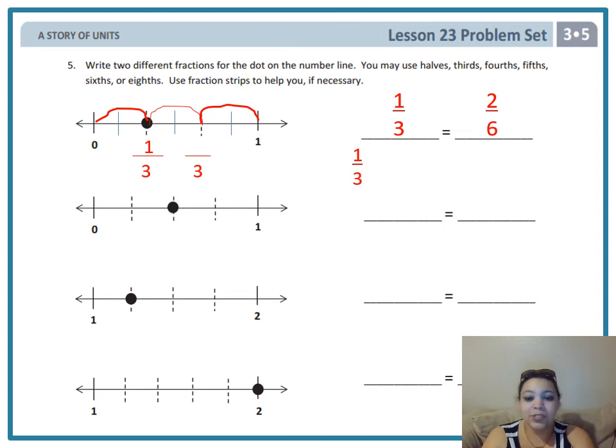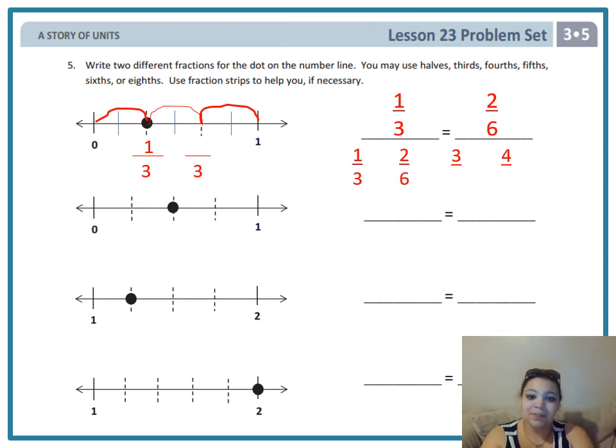Right? And now if we were to do it as a quick equivalent, we could also figure out a way to make an equivalent fraction. So remember, to make a quick equivalent, you take your fraction and first you count by the numerator, which in this case is 1. So let's do it. 1, 2, 3, 4. And then after we count by our numerator a few times, we go to our denominator and skip count by the denominator, which in this case is 3.